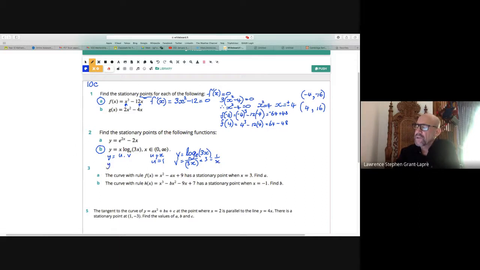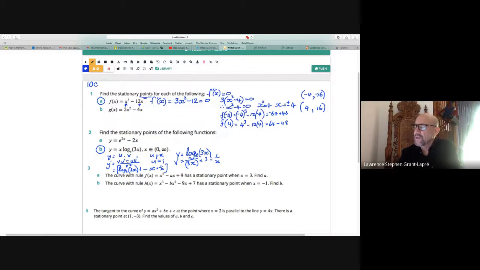So the u dash is v u dash minus u v dash over v squared. So it's v u dash, which is 1, minus u v dash, which is 1 over x, all over v squared, which is, oh, no, this is wrong. That's the quotient rule.